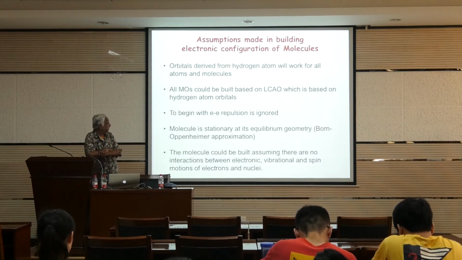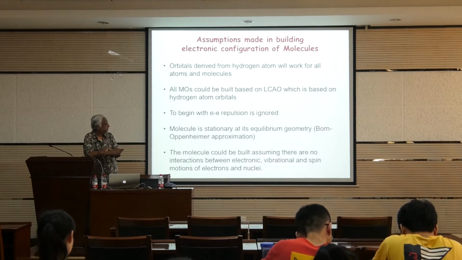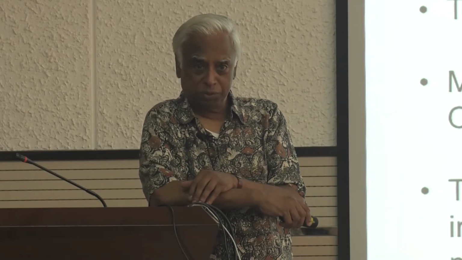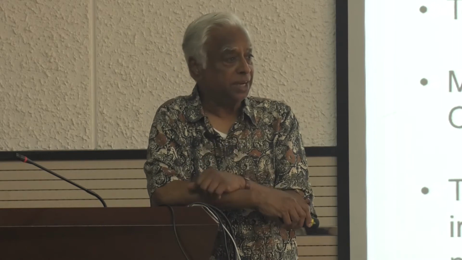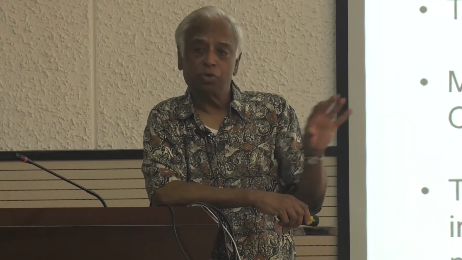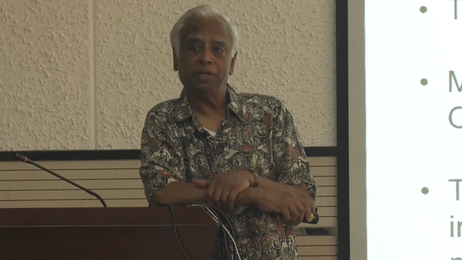When we want to calculate the energy of this molecule based on these orbitals, we first assume there is no repulsion between electrons. That is the beginning. What we get is not the right answer, but at least closer to it.